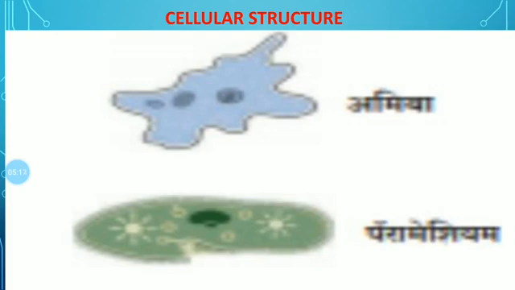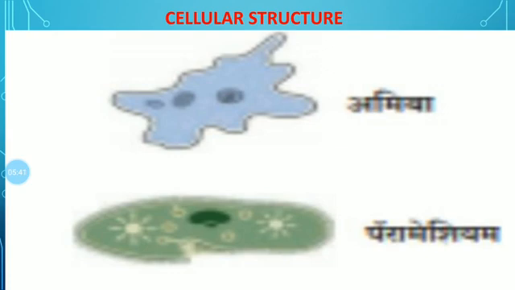These are very microscopic. We can't see these animals with the naked eye. To observe these animals, we have to take the help of a microscope. These are the two unicellular animals.